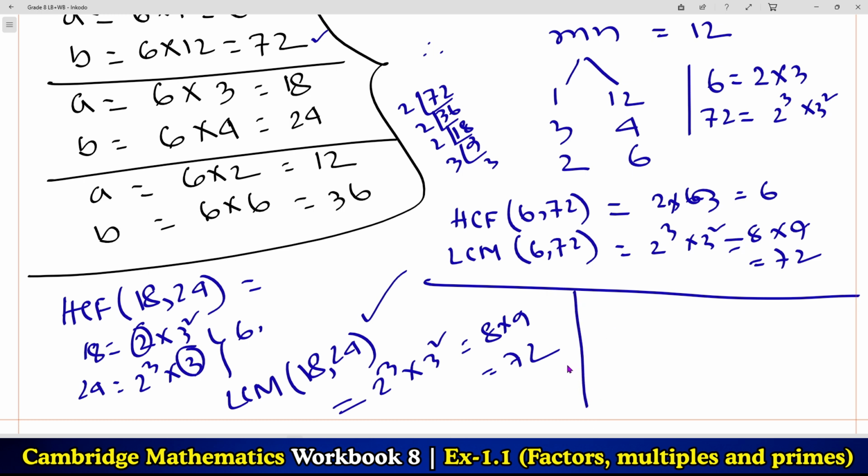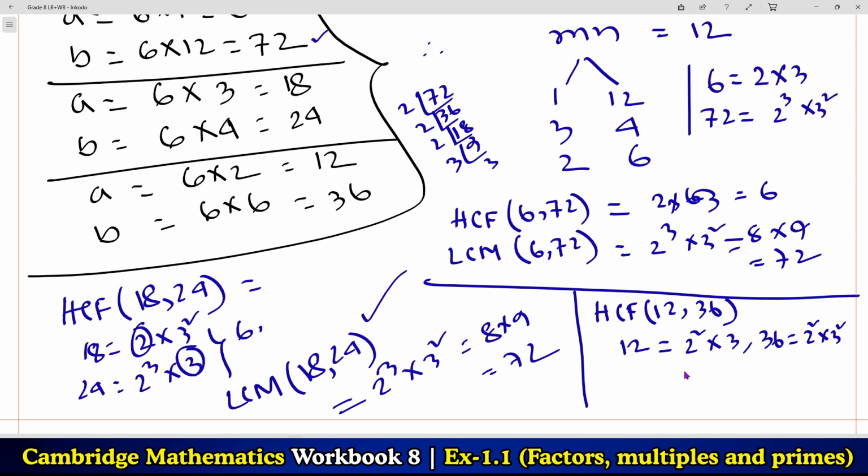And finally, 12 and 36. HCF of 12 and 36: 12 can be written as 2 square times 3, and 36 can be written as 2 square times 3 square. 2 square means 4, 3 square means 9, and 9 times 4 is 36.